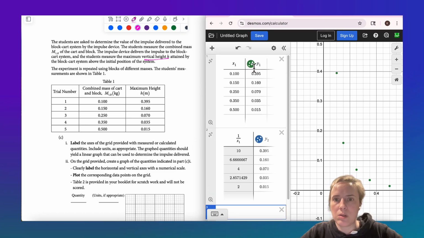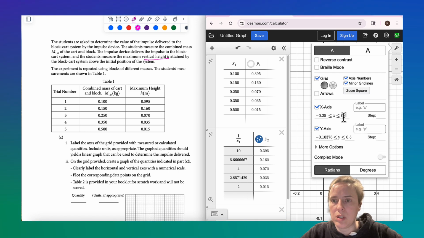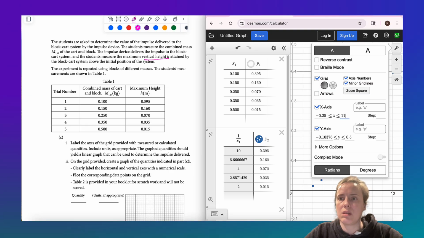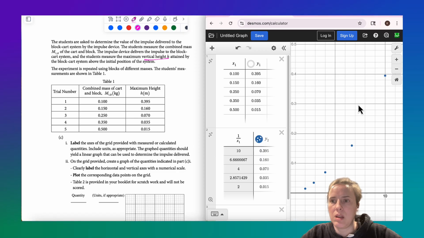All right, I'm just going to click this. That's just going to turn those off. So I can see, where did my dots go? Notice how my values here go up to 10 now. So I'm just going to change that x-axis. We'll go to 11 so we can have a little buffer space. There we get that. But you see this guy kind of hiding behind the home icon?